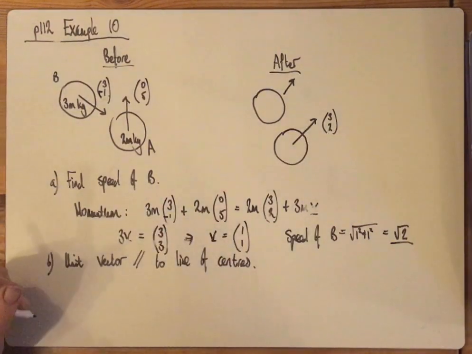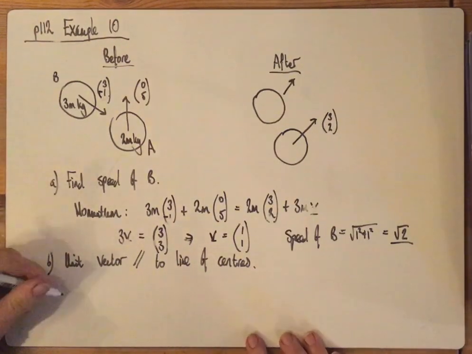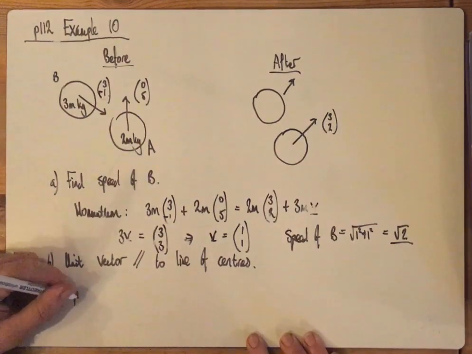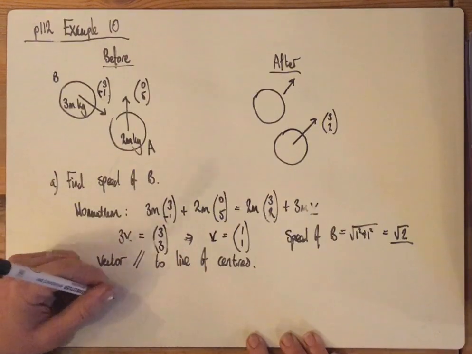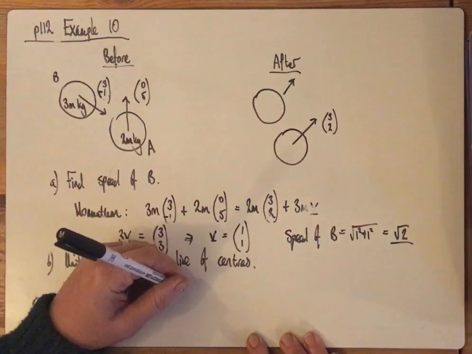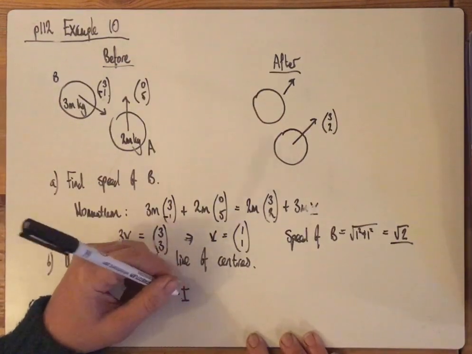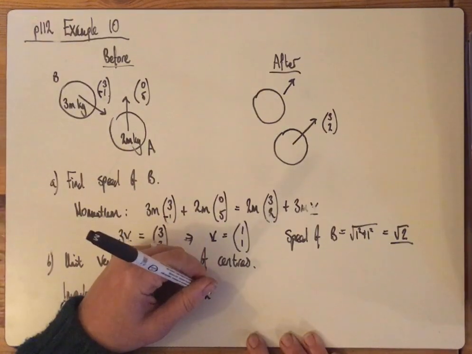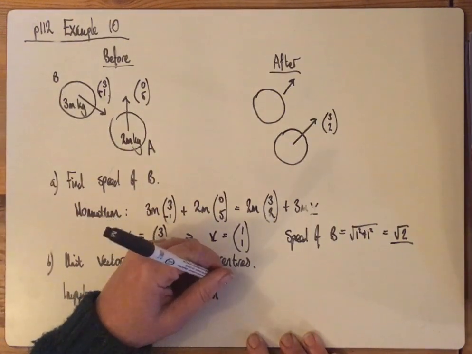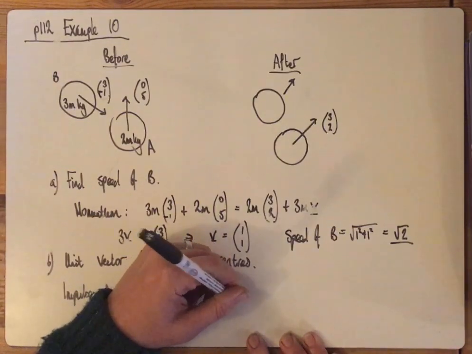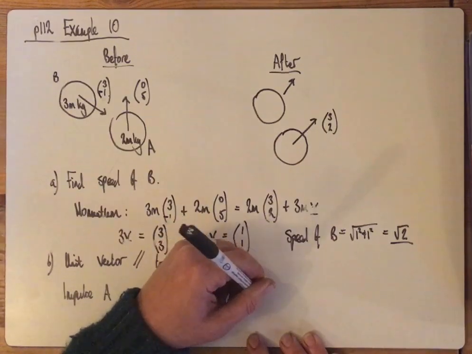So we can look at the impulse that A receives. So the impulse is equal to the change in momentum. So it's momentum afterwards, mv minus mu.